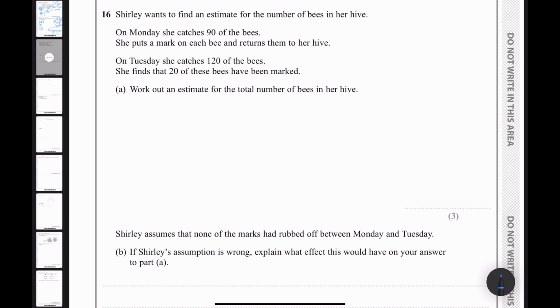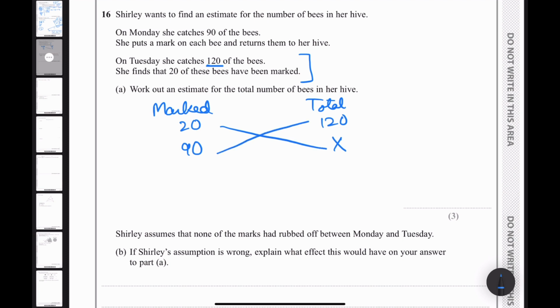So it's quite simple. We have a relationship from here: marked bees and total bees. So out of 120, only 20 are marked. So if 90 bees are marked, then how much will be the total? Let's put it as x. Now we'll cross multiply and work out the value of x.